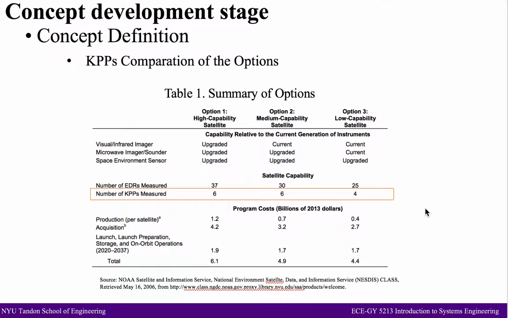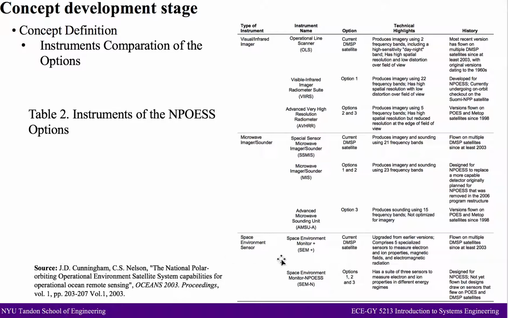So as we discussed before, option 3 lacks two important KPPs, so it's not possible for the IPO to choose option 3.